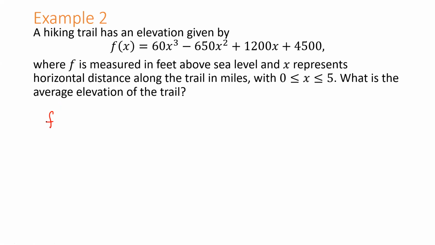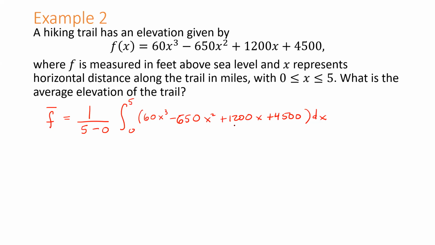So we're just going to compute f bar here. And we're only on the interval from 0 to 5, so we'll do 1 over 5 minus 0, and then the integral from 0 to 5. So I'll have 1 over 5.